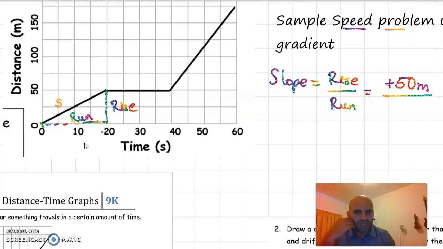And it's done it in a time because it's run along here, so the run would be 20 seconds. So speed 1, or S1, would be 50 meters divided by 20 seconds, and that works out to be 2.5 meters per second, okay?